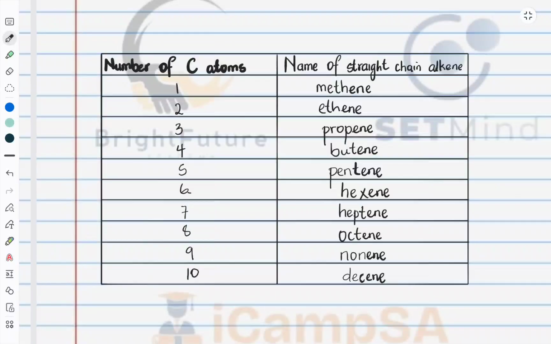Usually after we reach propene, we rarely find straight chain alkenes. You start finding alkenes that have branches and alkyl groups after that. So we use these straight chain alkene names to name our parent chains.